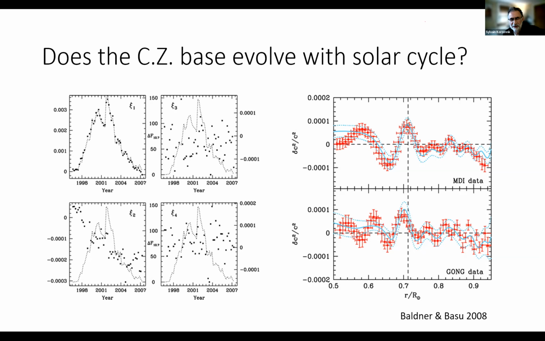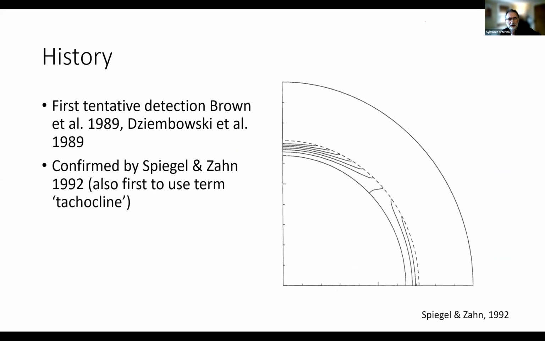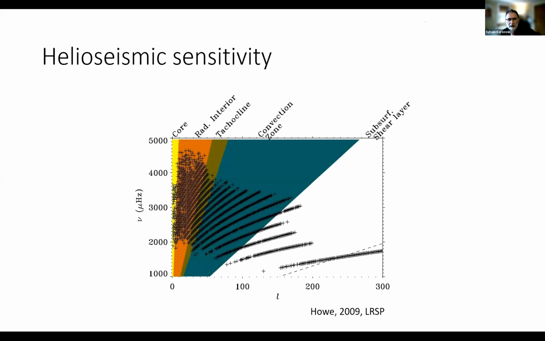Yeah, and you just introduced exactly what I would say. If Charles goes back to a plot about where the tachocline is sensitive on the modes, you have to remember, which is exactly what you were saying, that essentially is the inner turning point. All those modes bounce at the surface. So if you want to measure something as deep as the tachocline, you need to essentially subtract the effect of everything that is above.